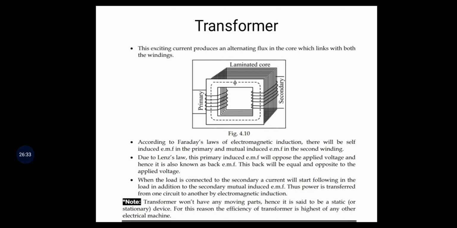In the primary winding, the EMF produced is called self-induced EMF. In the secondary winding, EMF is induced due to the primary winding flux. This EMF is called mutual induced EMF.